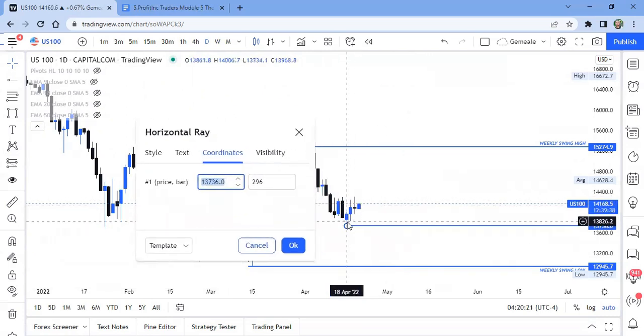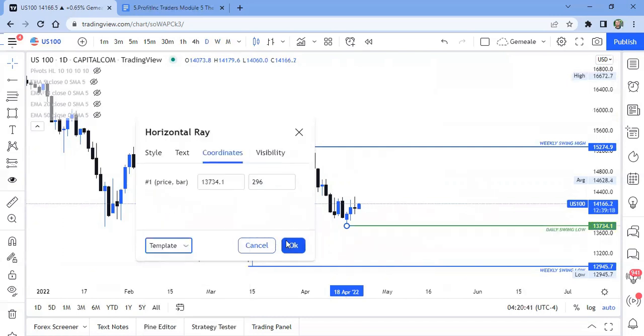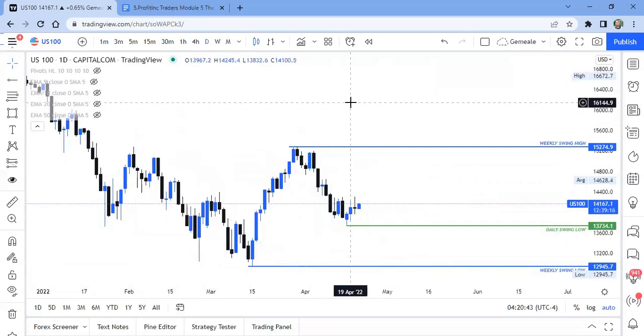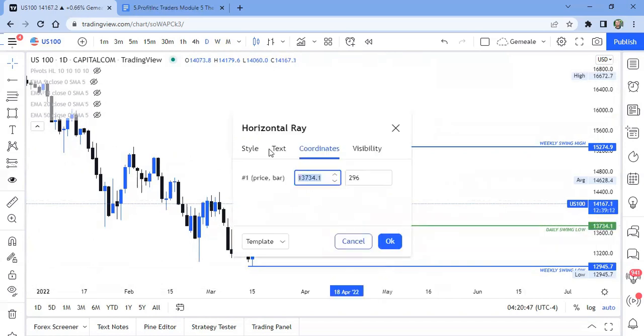Let's get the actual value of the swing low, coming in at 13,734.1. And let's call that our daily swing low, or our daily low. Let's call it our daily low.